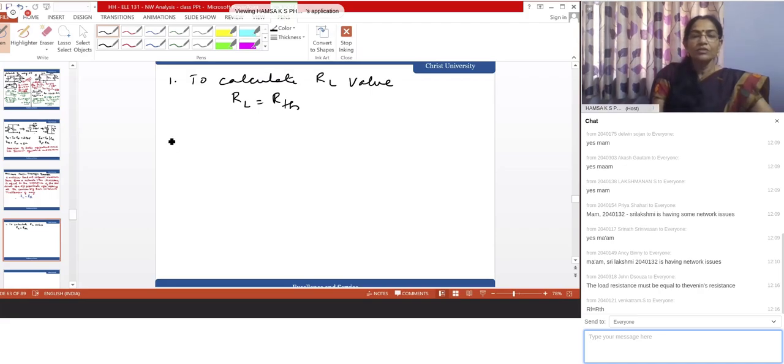Okay. Now the second step is to convert any network or circuit given into its Thevenin equivalent.